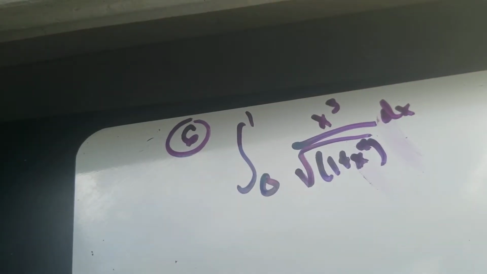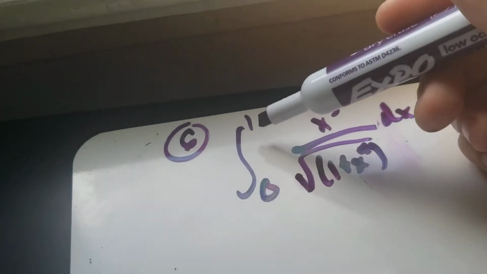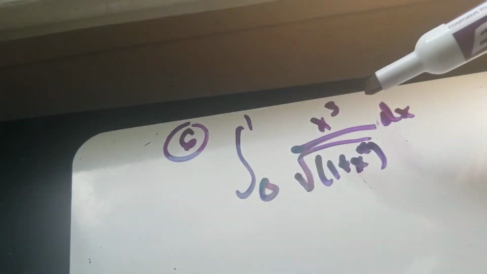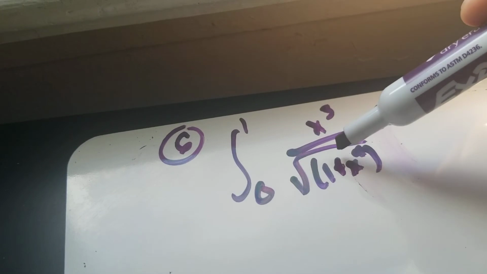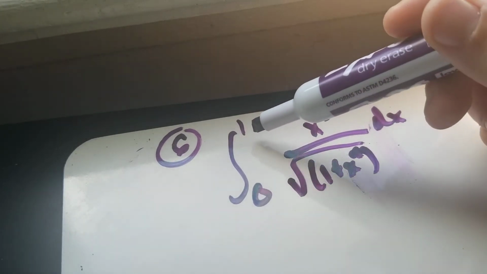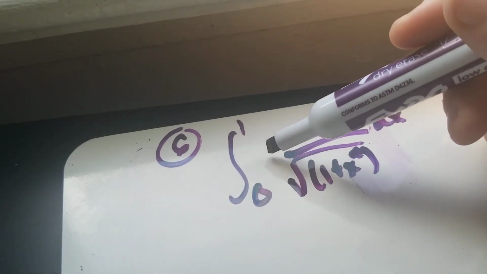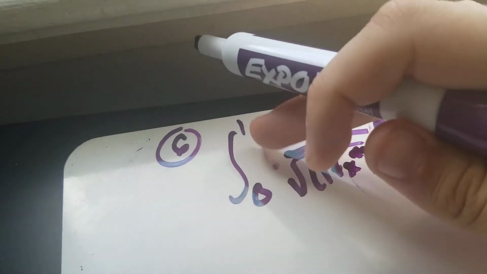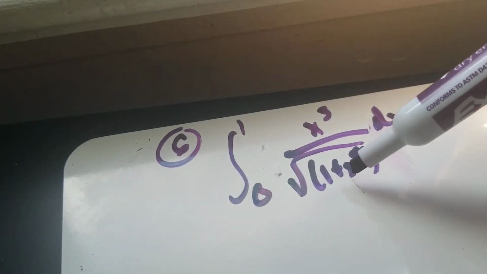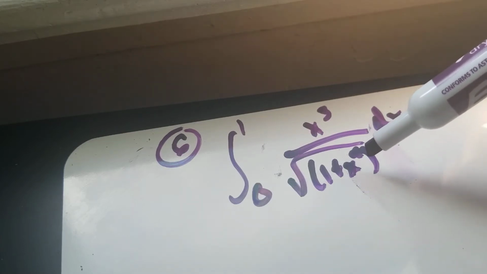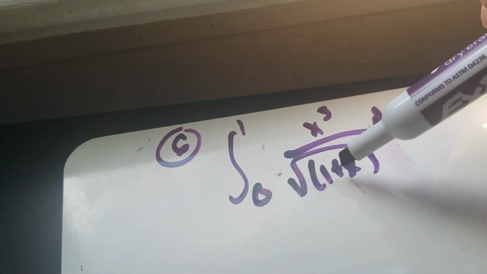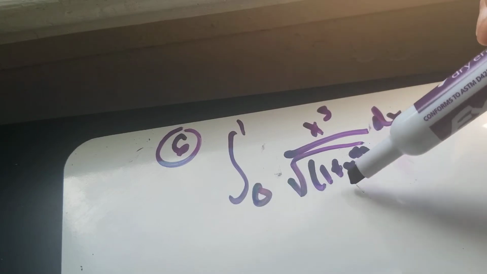All right, next one. We have two things. We have an actual bounding, and we have something weird here like polynomials. Just a point: the reason I have to actually give you a bounding on this question is that there's a point here where the fraction doesn't exist, where this becomes 0 in the denominator, or -1.